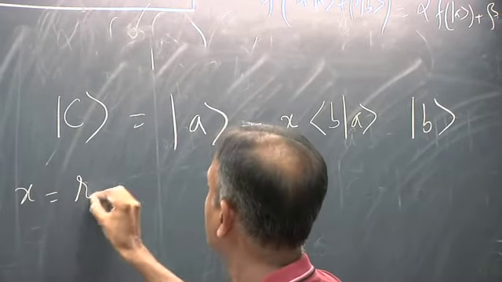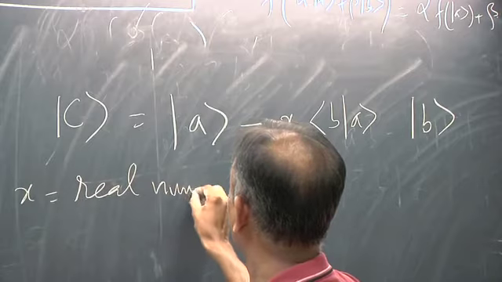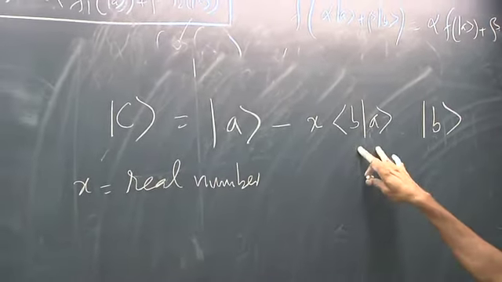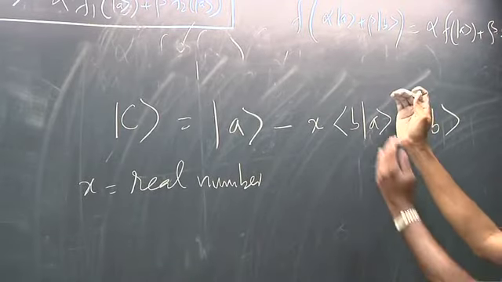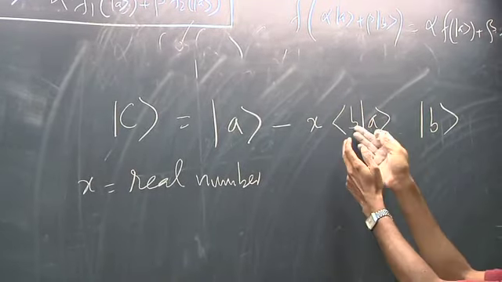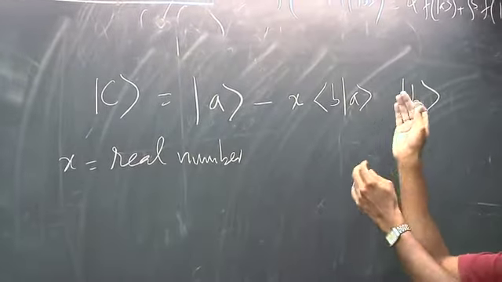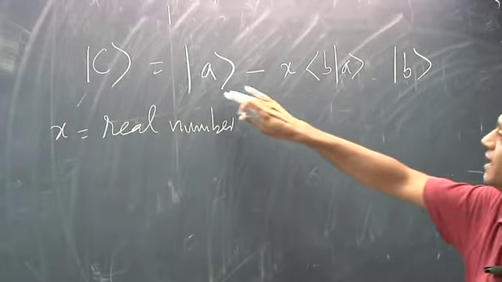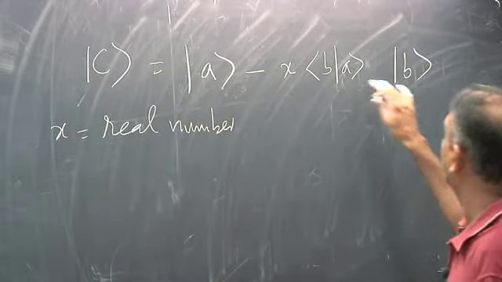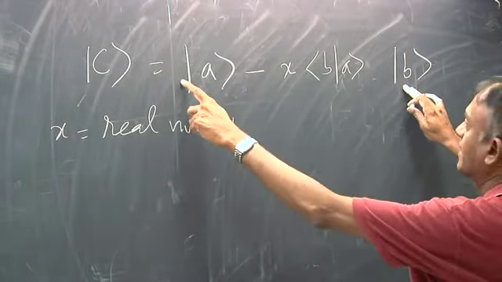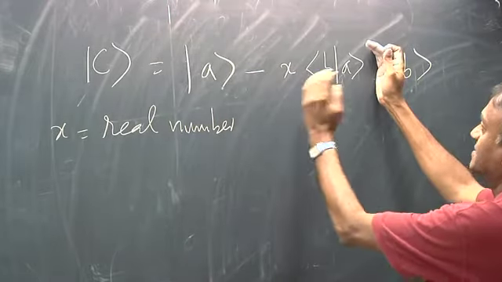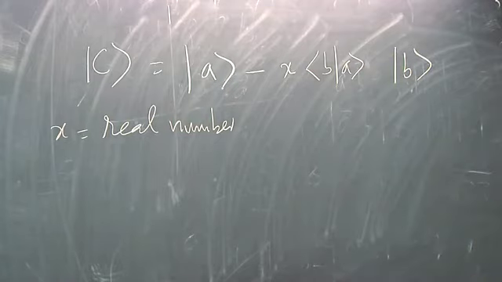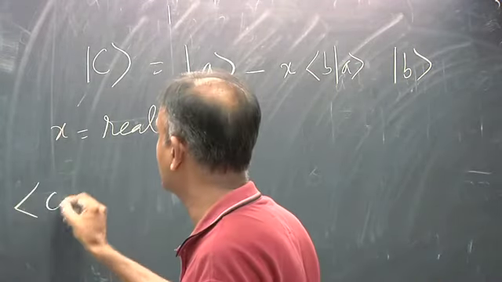B with A is in general complex, whatever the scalar product is, whatever the definition. So I am taking a linear combination of A and B. The coefficient of A is 1, but the coefficient of B is minus x times this complex number. So I consider that, and now let's take the scalar product of C with itself.